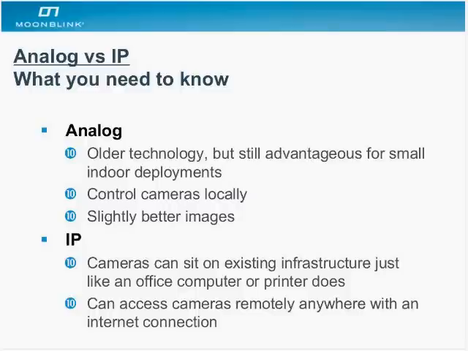The other huge advantage is that you can leverage the power of the Internet and remote access, so you can view any camera anywhere you have a connection. If you have a public IP available to get into the camera, then you can view it. So you're not limited to being physically located where the cameras are.